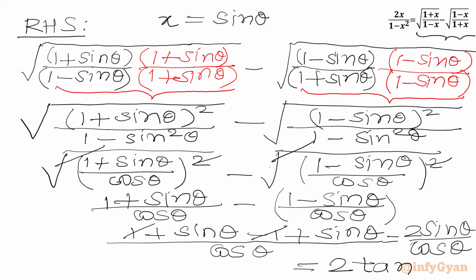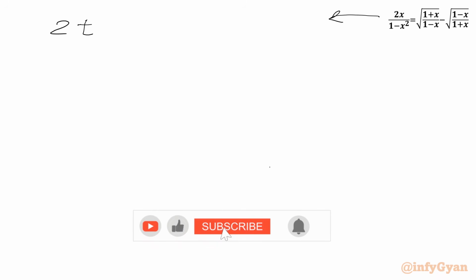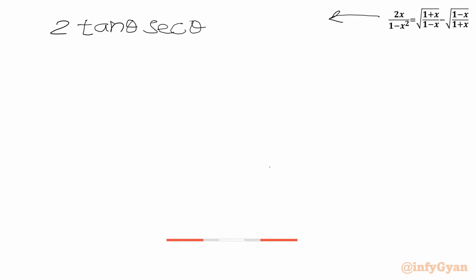So RHS is 2 tan theta, and LHS is 2 tan theta sec theta. So I will write our equation: 2 tan theta sec theta equal to 2 tan theta.